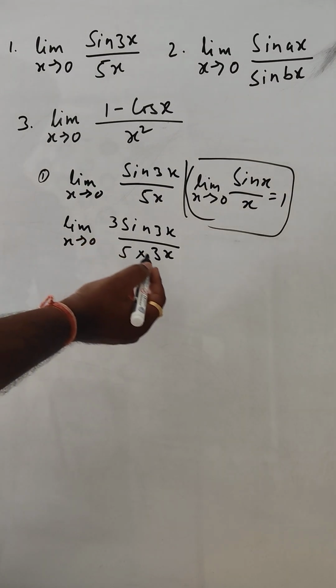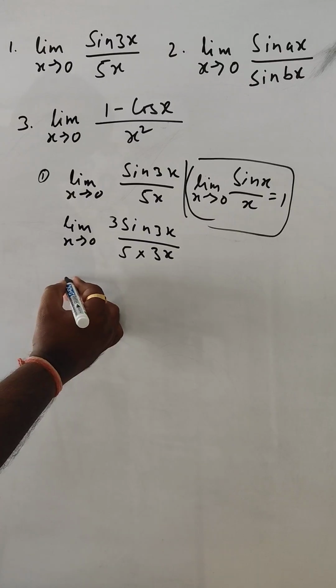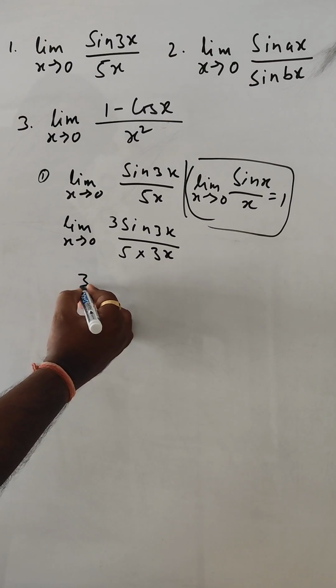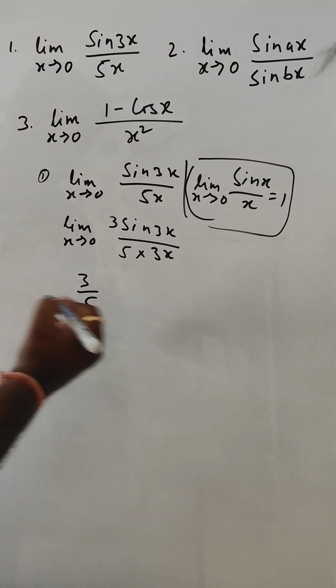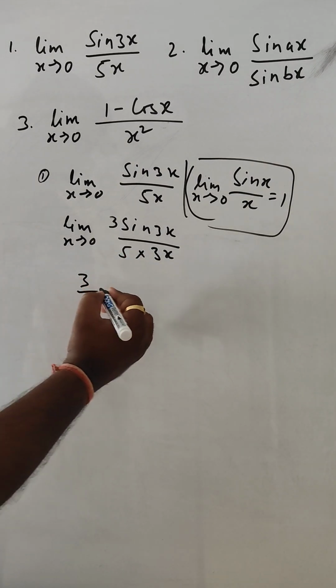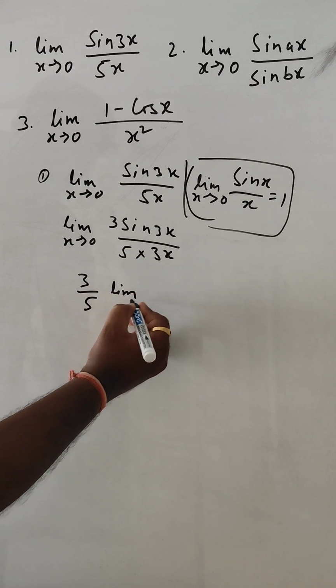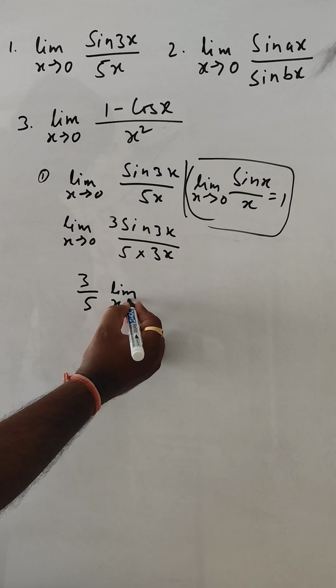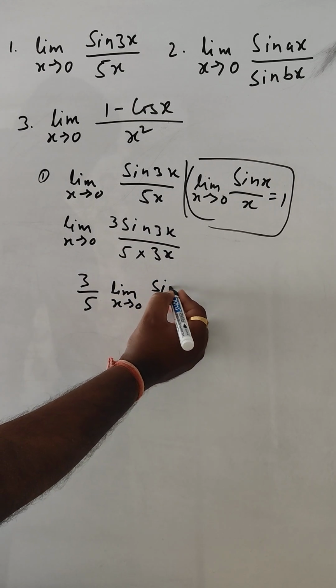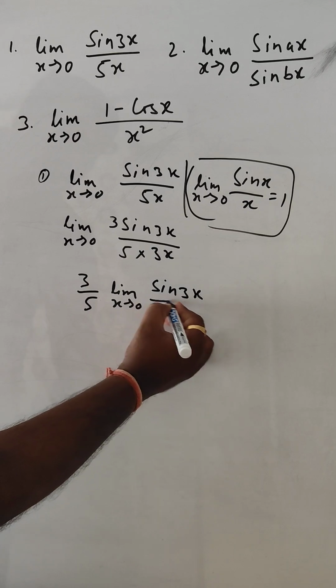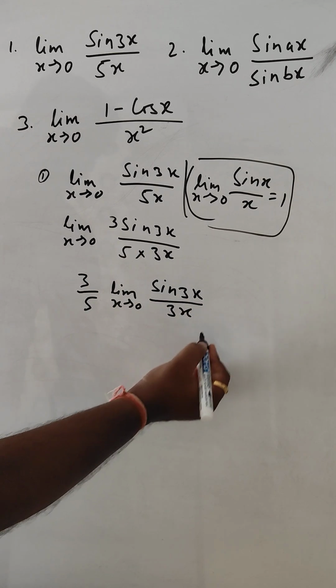Okay, now this is fine. So here 3 by 5 we can bring out, and here limit x tends to 0 and sin 3x by 3x.